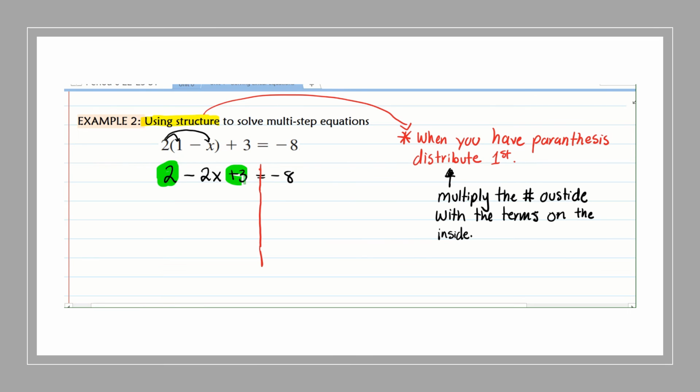We have some like terms here. We have a 2 and a 3 without a variable. Those are constant like terms. If we add them, because they're both positives, we're going to get 5. And then we're just going to bring down the rest of the problem.